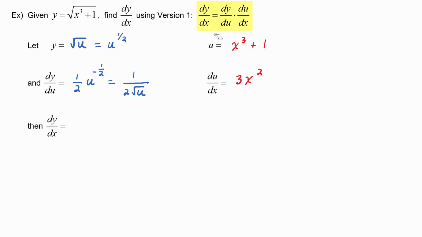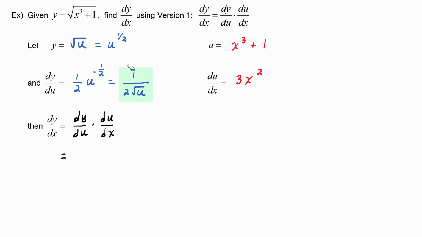So now we can apply version 1 to find dy dx. We know it's going to be dy du times du dx. So we take the derivative of y with respect to the u variable times the derivative of u with respect to the x variable.